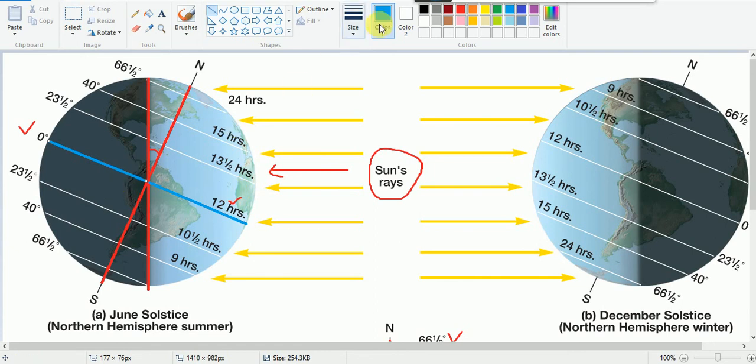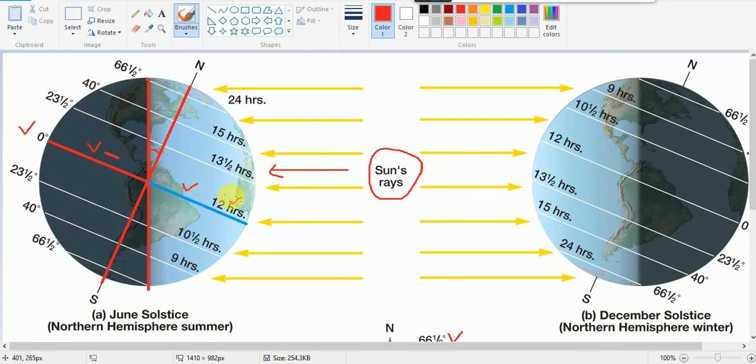That means the length is the same. See here, the length of the line here and the length of the line here are the same.